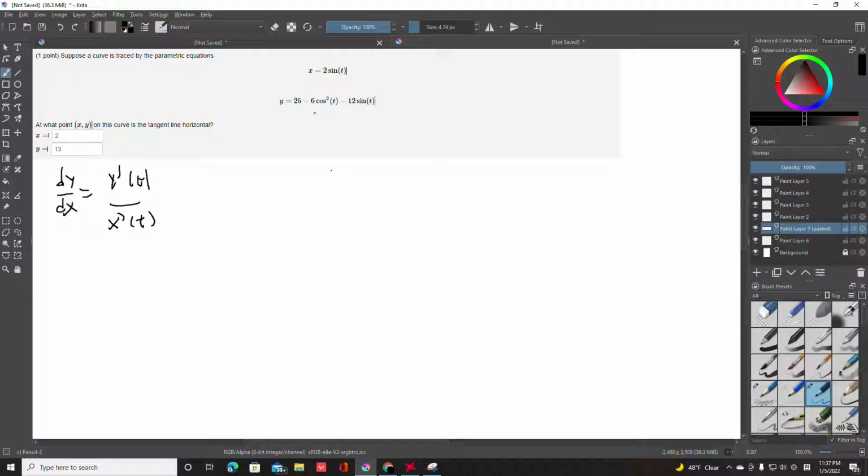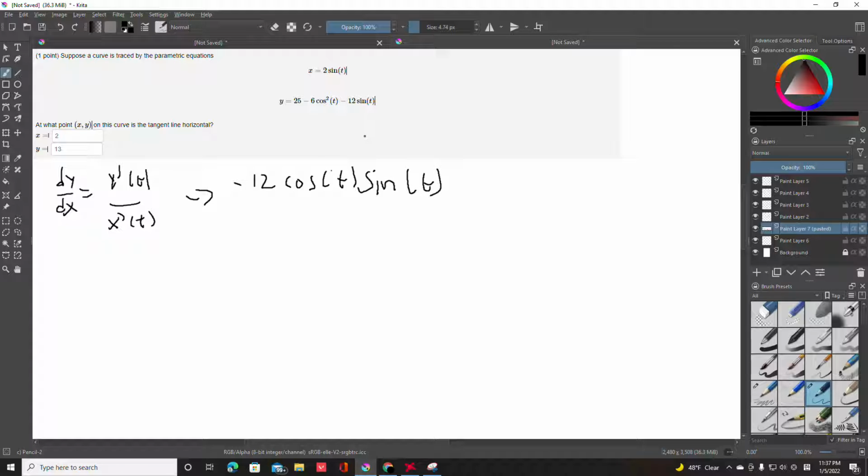Y prime of t is the derivative of y with respect to t, so this will become 25, the derivative of 25 is 0. The derivative of negative 6 cosine squared is negative 12 cosine of t sine of t because of the chain rule.